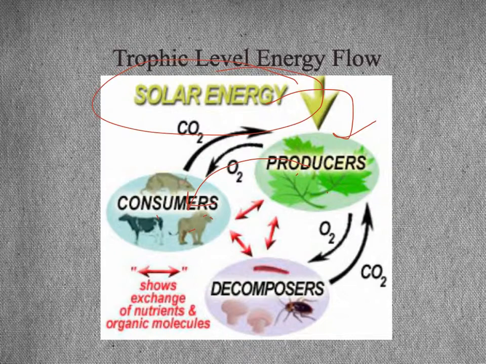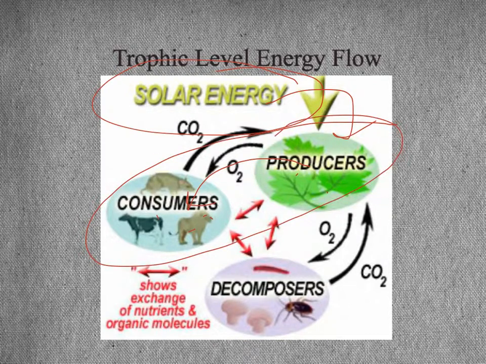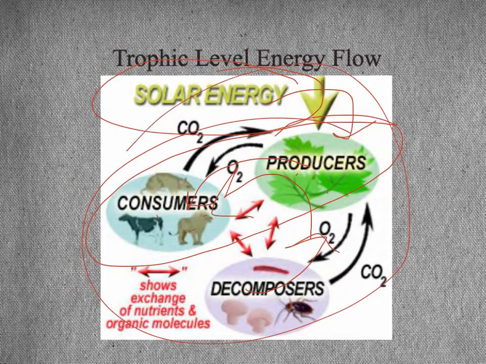Of course, when all of these groups die, then the decomposers will come into the picture and then be used either as nutrients for the producers, which then get converted to food for the consumer. So everything we can see in this trophic level energy flow diagram, how everything is related and important. All organisms are equally important in this diagram.